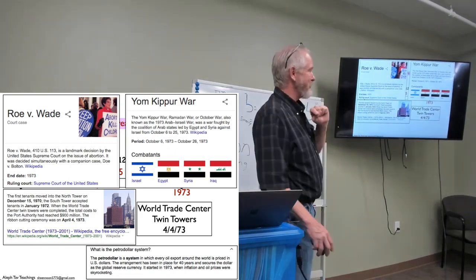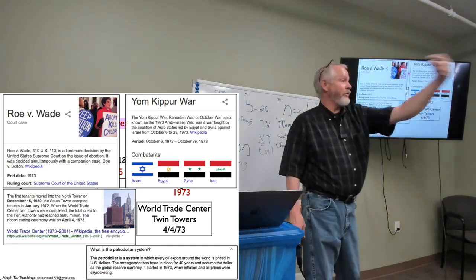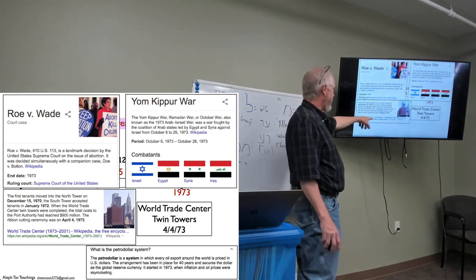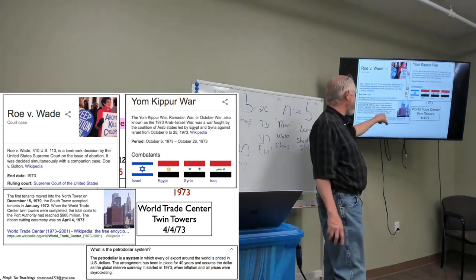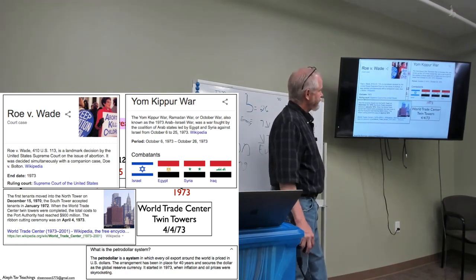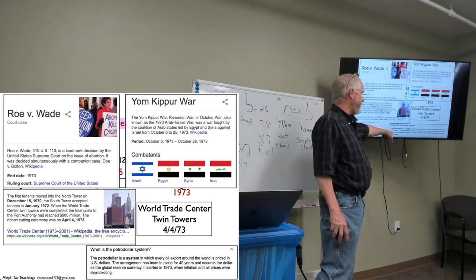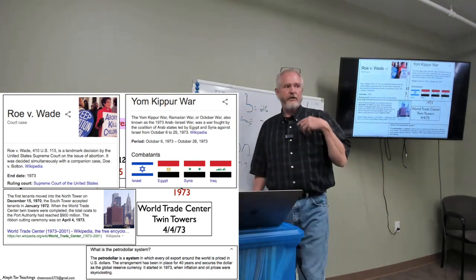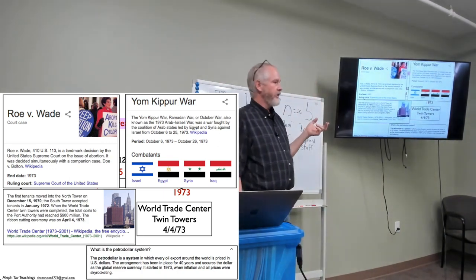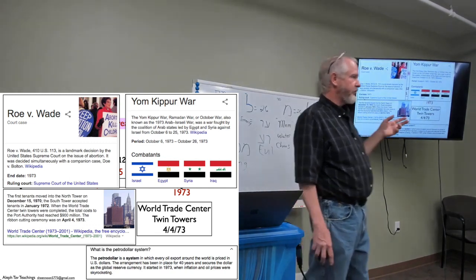This is where it gets interesting, because you're going to see this whole thing play out through when we hit the next 10 words, 42 letters. But the Twin Towers goes up. It says the ribbon cutting ceremony was April 4th, 1973. Also, we got in bed with Saudi Arabia because she put the oil under the dollar bill, called the petrodollar, in exchange for military protection.